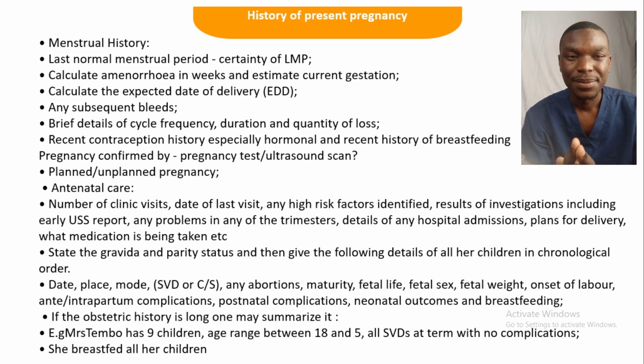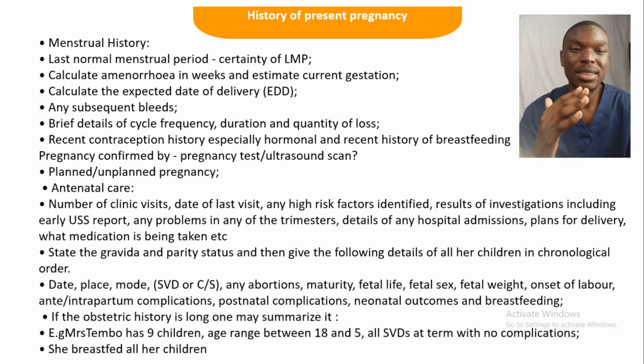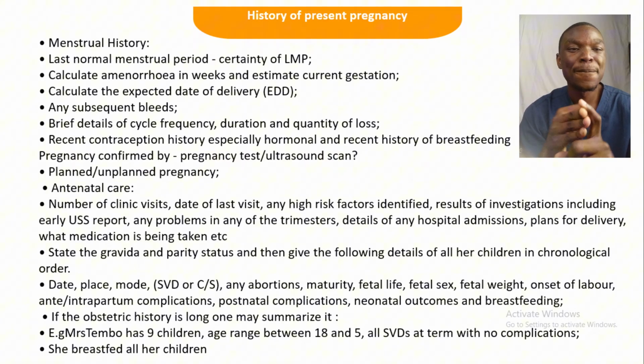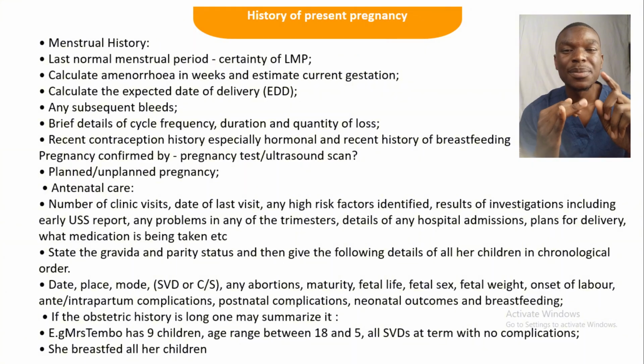And then about the number of children, like the parity of this woman, how many kids she has. So for every kid, if she has 5, we ask the following: date of birth, place, mode of delivery, whether vaginal delivery or cesarean section, whether the child was mature or premature, the birth weight, the sex of the child.